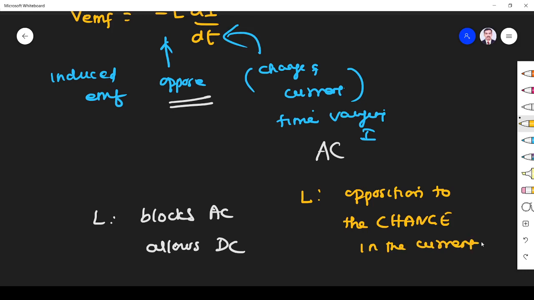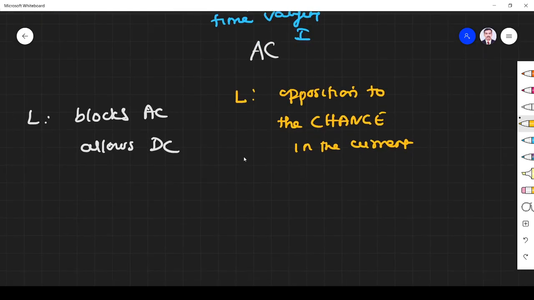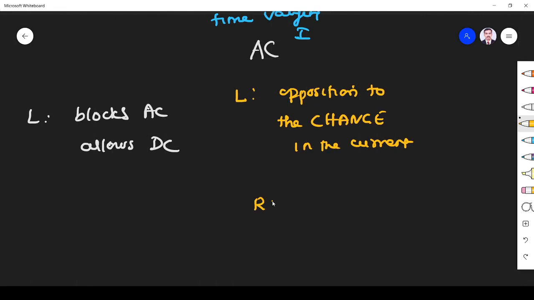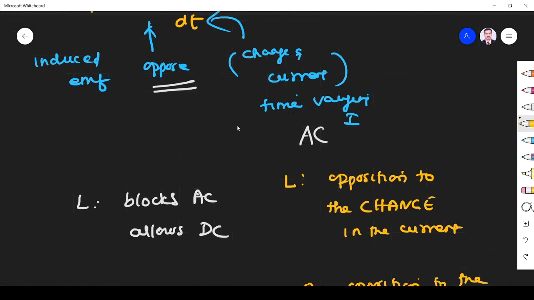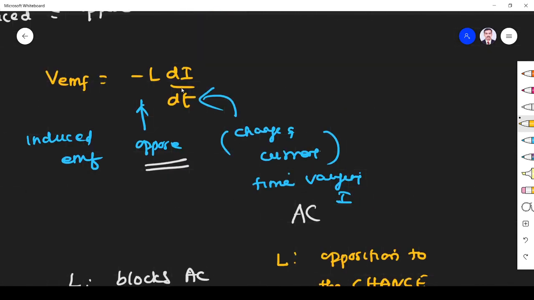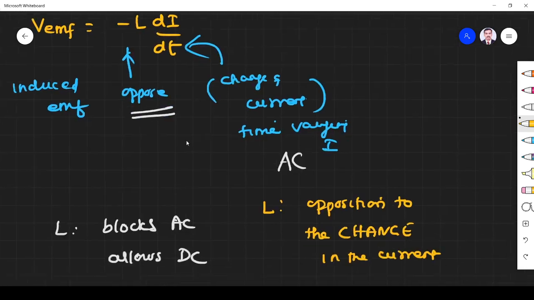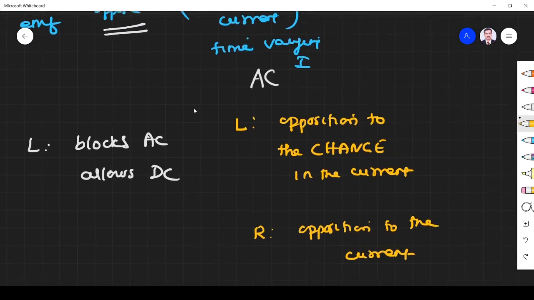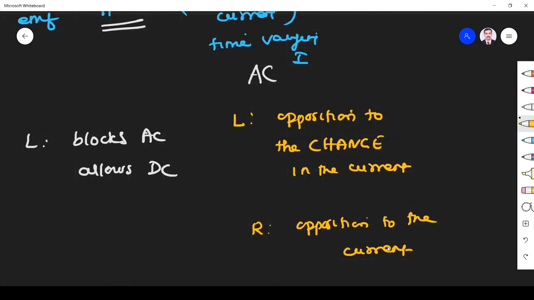What is resistance? Resistance is the opposition to the current, whether it is time varying current or steady state current. But inductance opposes only time varying current. Time varying current is AC, and steady state current is DC.